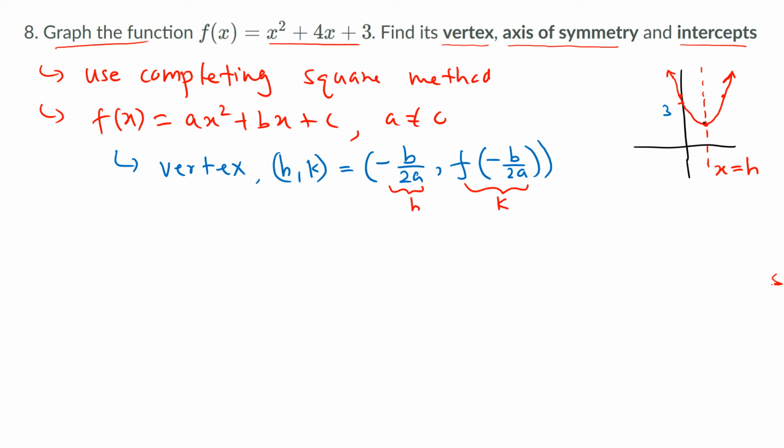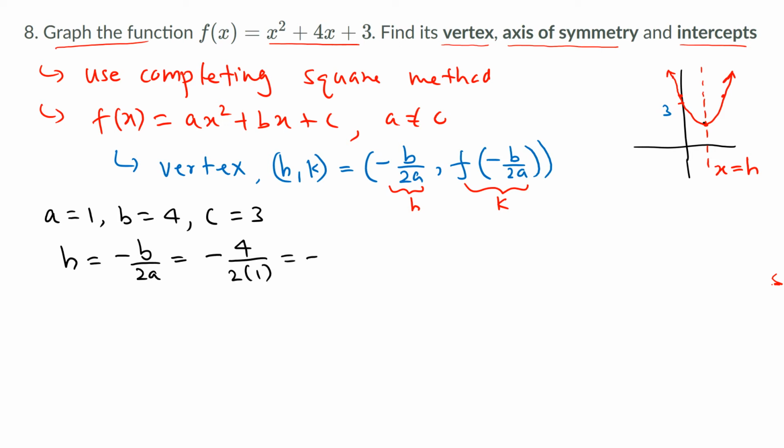So what we have for this problem is a equal 1, b equal 4, and c equal 3. So the h is simply negative b over 2a, which is negative 4 over 2 times 1. So that means negative 2. That's the h value.